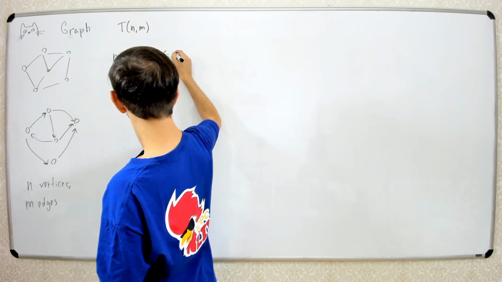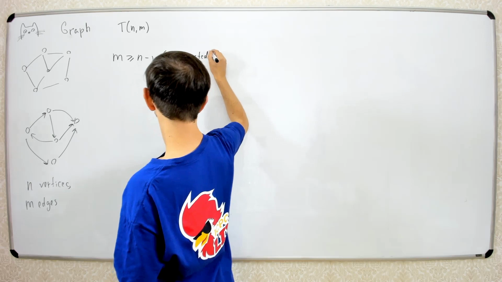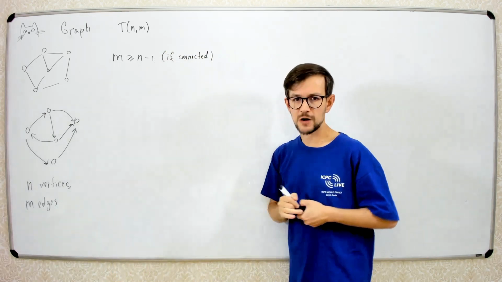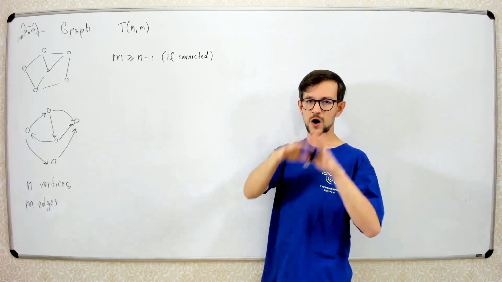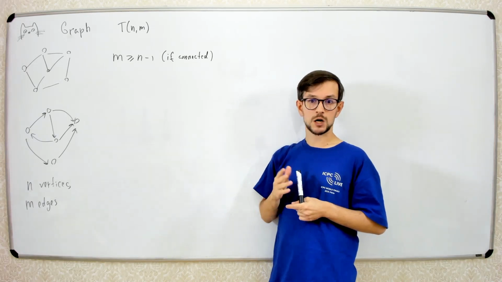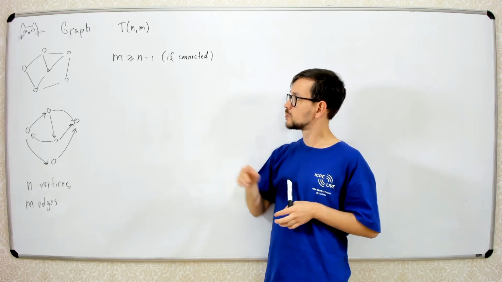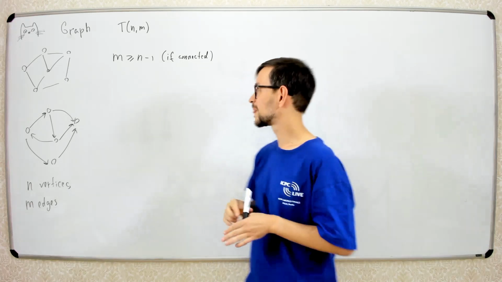So, if connected. Usually if a graph is not connected, you can just split it into several connected parts and then run your algorithm in each individual component. So I will usually assume that m is at least n-1. Not always, but like this.